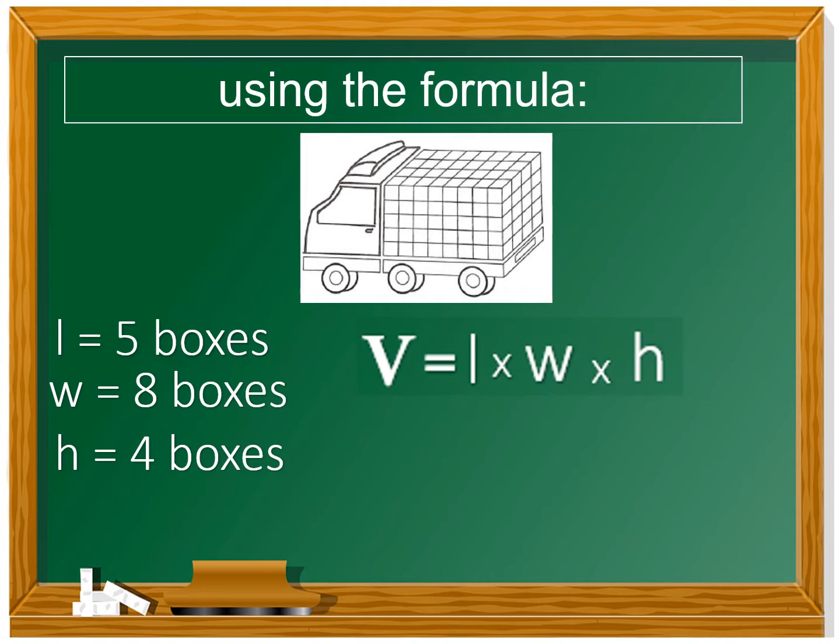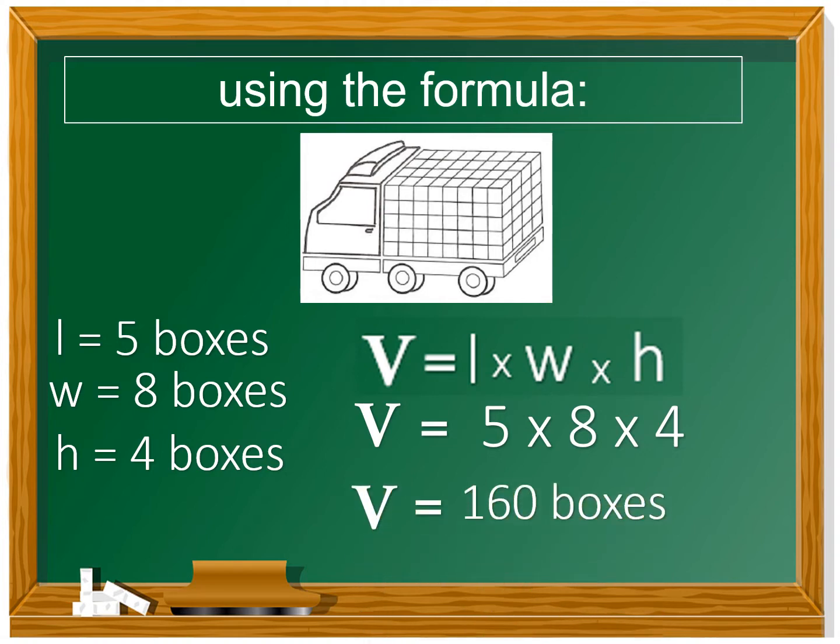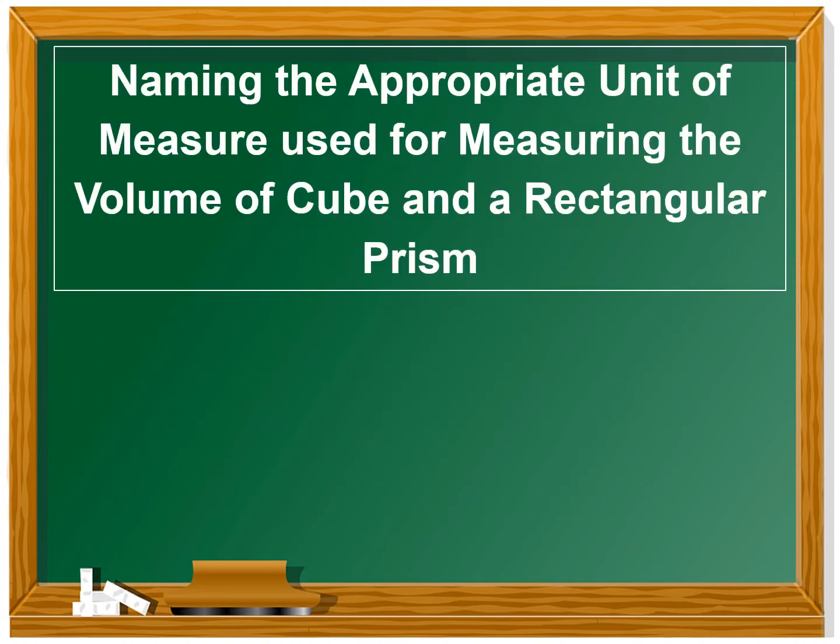Let's substitute the values. Volume is equal to 5 times 8 times 4. So volume is equal to 160. So using the illustration, we have 160 boxes. We are through visualizing the volume of a rectangular prism and a cube.